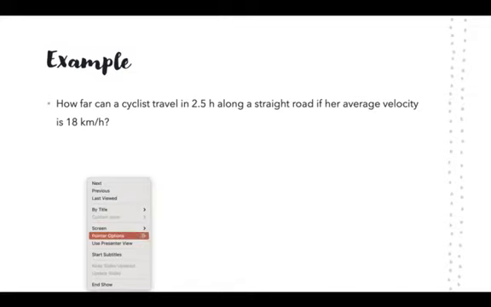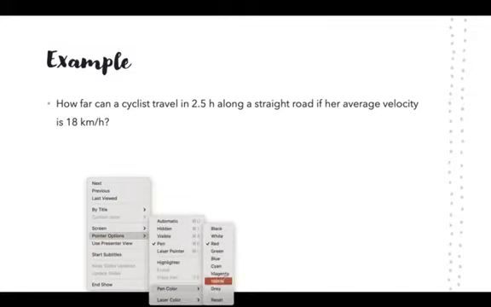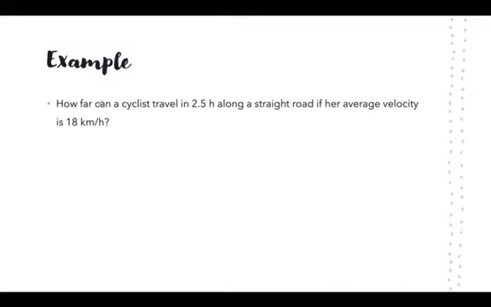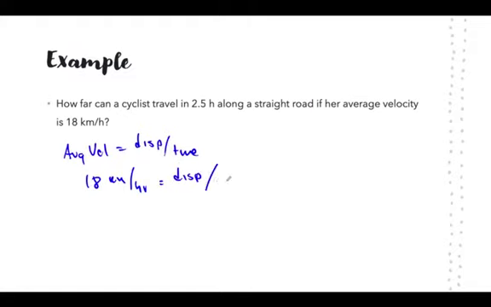All right, so here we know that the average velocity, which is equal to displacement over time, is 18 kilometers per hour. So the displacement, which we do not know, over 2.5 hours should give us 18.